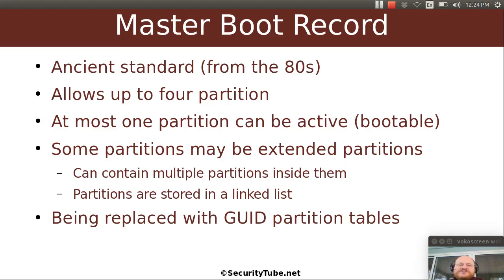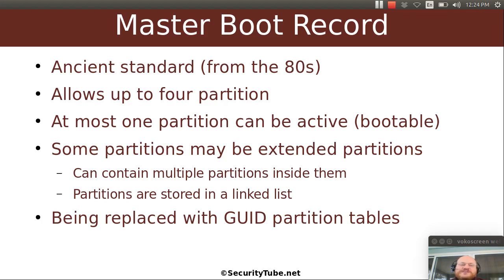Also, something you should know, this whole MBR thing is old and it's being replaced. It is slowly being replaced with GUID partition tables. GUID stands for Globally Unique ID. So you might notice that your Linux system has a very long volume name for all your partitions.